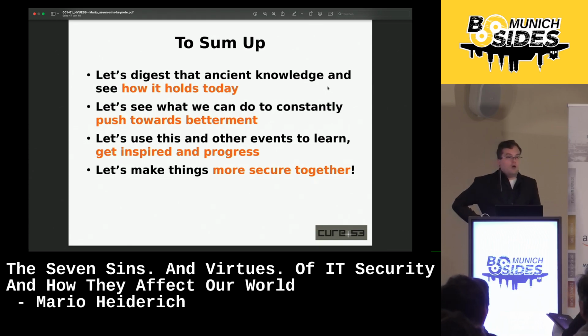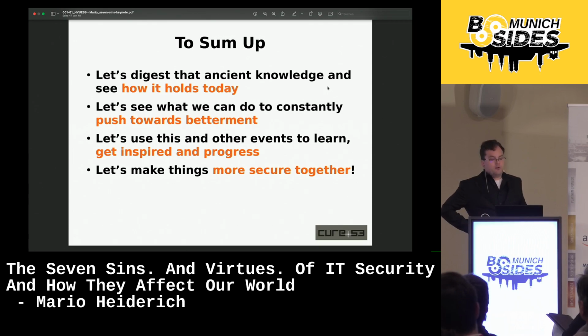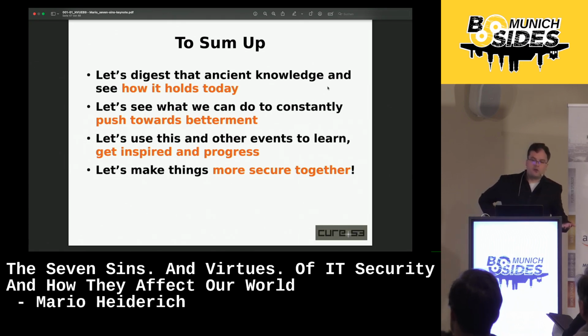And we can now use all this information and all this knowledge on this and many other events to learn and get inspired and make progress together. And at the end of the day, what we can achieve with this, and this I think is the most important and also probably the most motivating part, is to make things more secure together without overdoing it or picking the wrong priorities or leaving the righteous path in the first place.